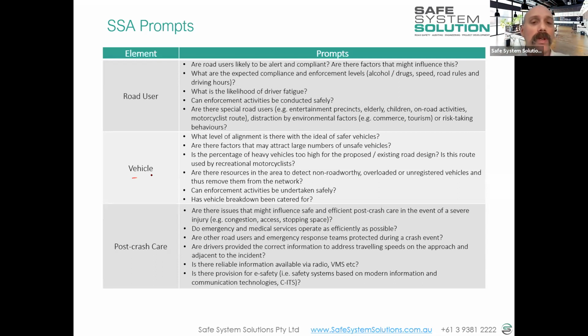The vehicles. What is the level of alignment with the ideal of safer vehicles? So that's a pretty broad brush question, which is, I suppose, more catered towards looking at a whole community or a mine site or something like that, and understanding what their fleet is and the like, but it could give you an indication of the severity outcomes, and you might, by looking and questioning this, say, well, this community has got quite old vehicles with very low safety features, and thus, the severity score might go up a little bit.